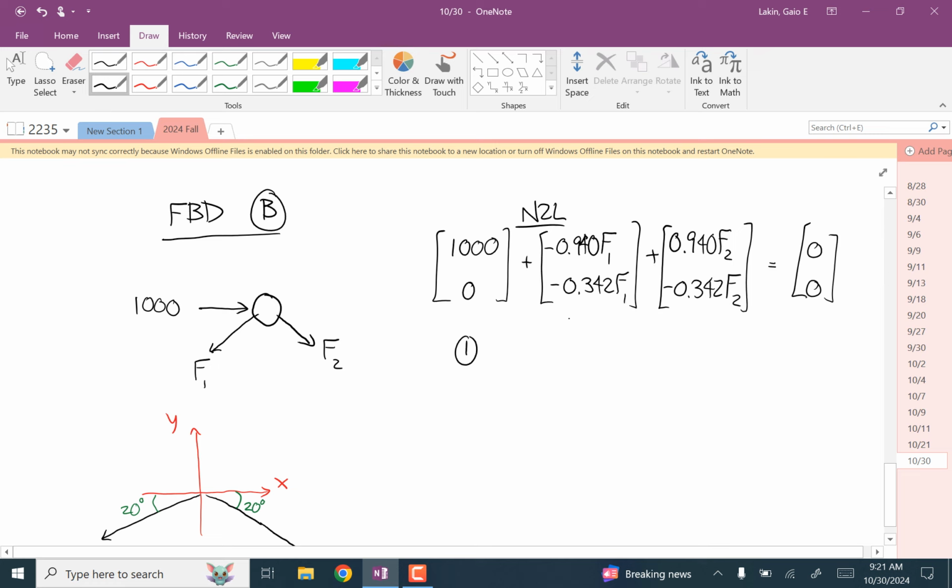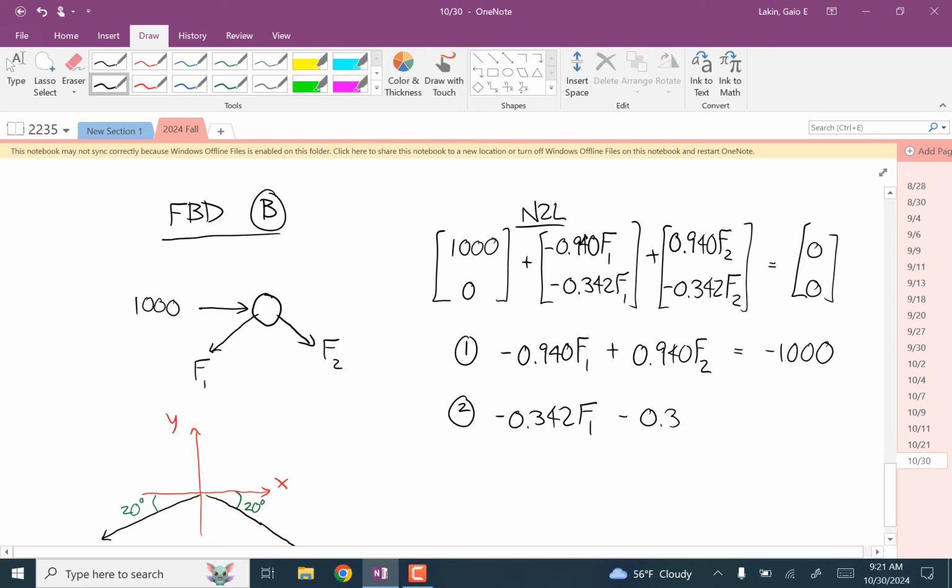So the first one says negative 0.940 F1 plus 0.940 F2 is equal to negative 1,000. And the second one says negative 0.342 F1 minus 0.342 F2 is equal to 0.